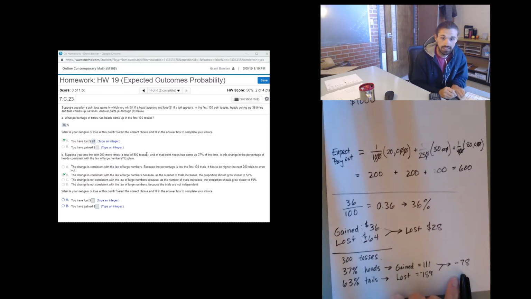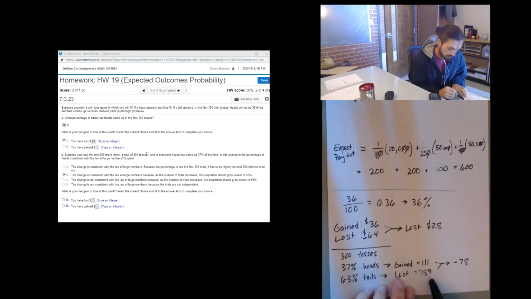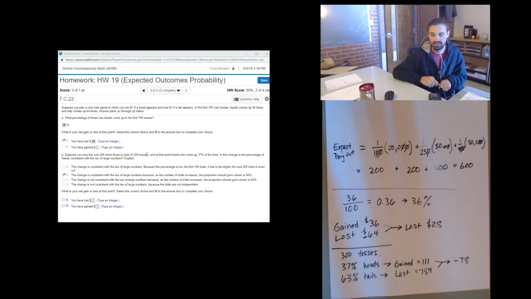So this negative 78 is coming from 111 plus a negative 189. Adding a negative is the same as subtraction, just to let you know. So negative $78, that would be a loss of $78.